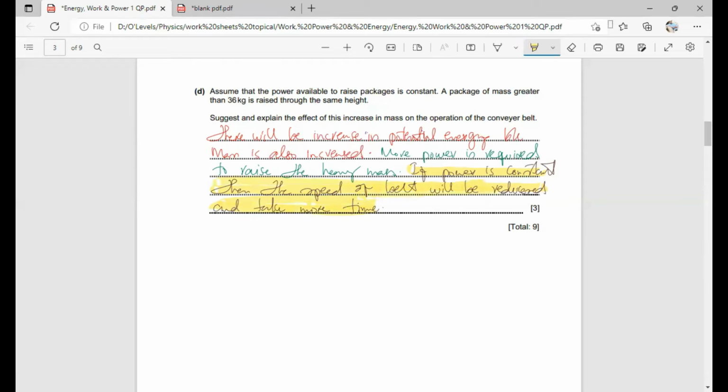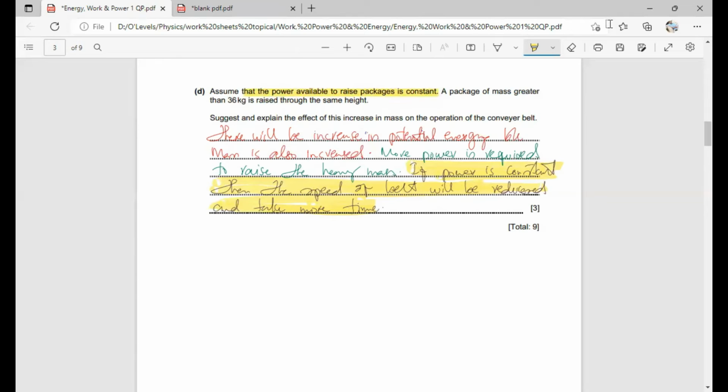For heavy mass, we actually need a more powered motor. But in this question, the power is constant, so it will affect the speed of the belt. As per the potential energy concept, the mass is also increased, so definitely we require more power.